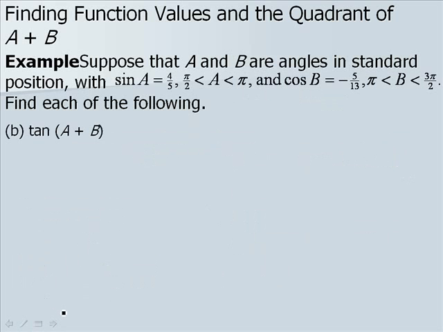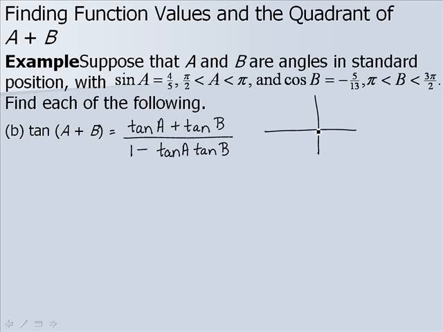Now let's find the tangent of a plus b. So that'll be equal to the tangent of a plus the tangent of b over 1 minus tangent of a, tangent of b. So remember using our triangles from before with a, we had negative 3, 4, and 5.